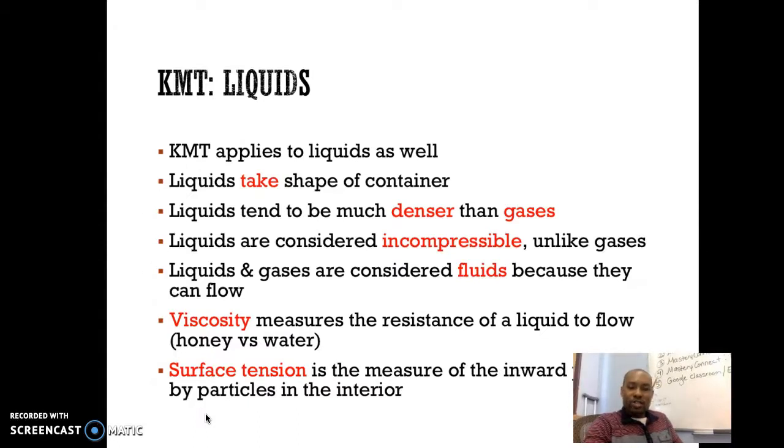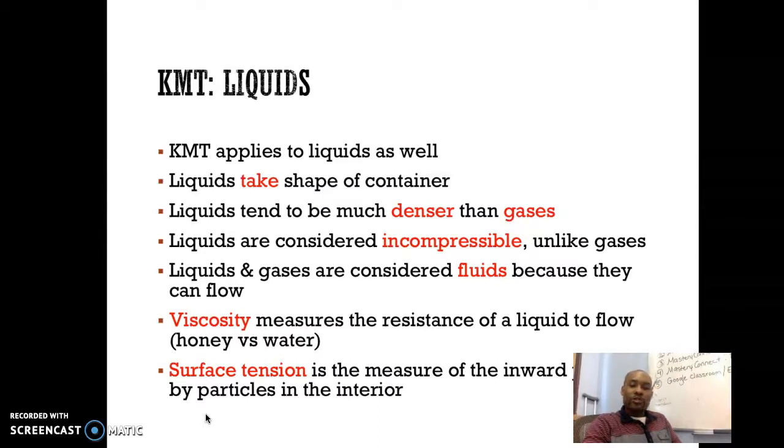Liquids and gases are considered fluids because they can flow, and viscosity is something that measures the resistance of a liquid to flow. So you can think of it like if you ever tried pouring honey or syrup, you notice how slowly it pours. That's because of its viscosity, as opposed to water, which is not as viscous as honey.